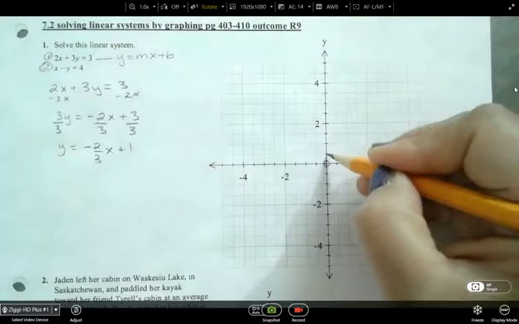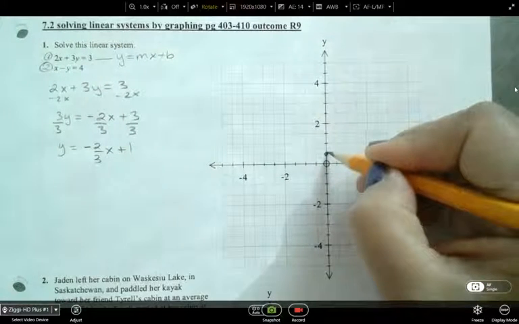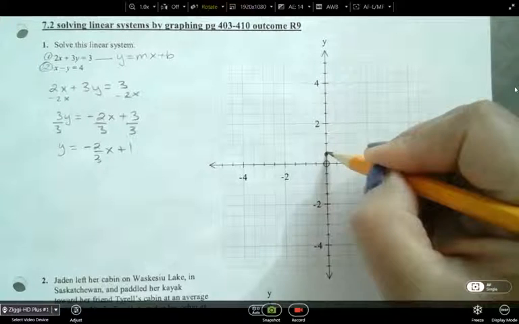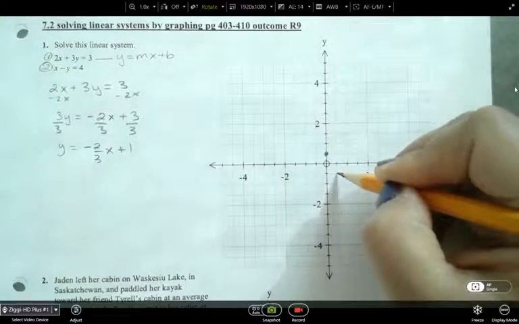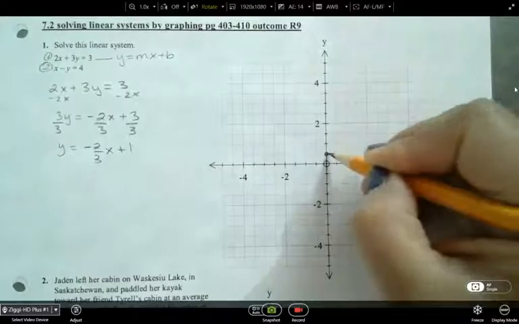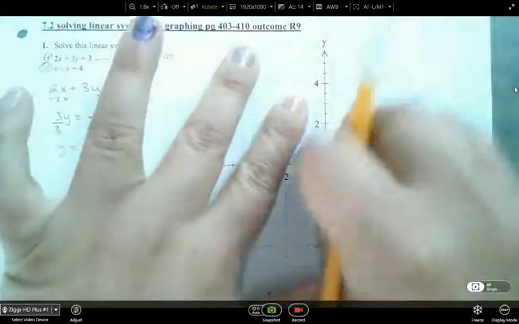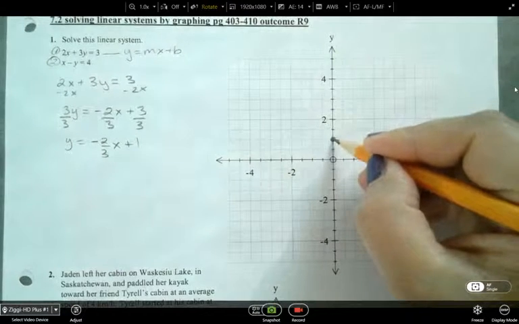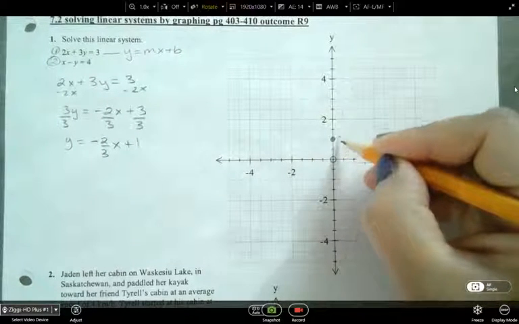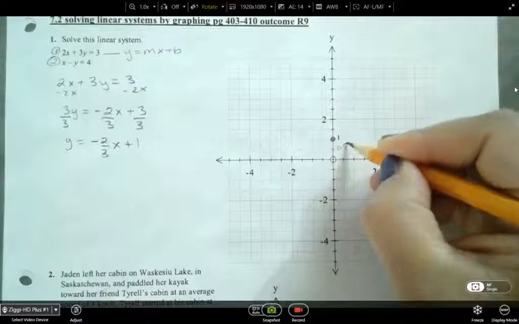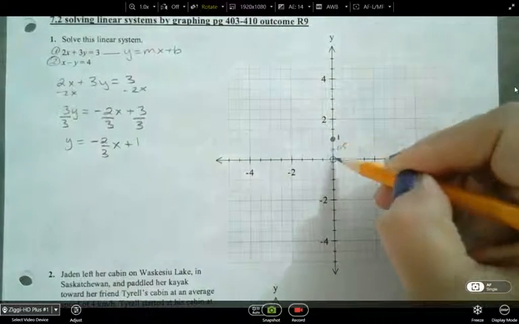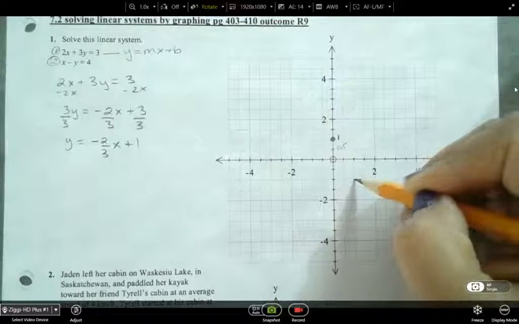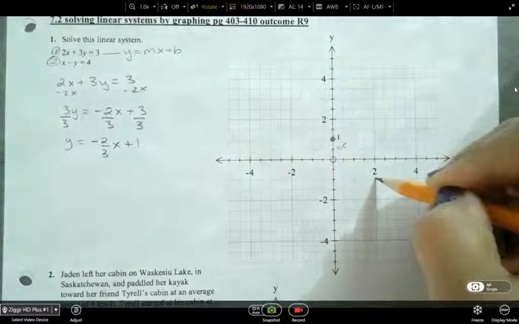First I want to plot my y-intercept of 1 right here. Oh, that's not 1. I have to watch my scale. Okay, so 1 is going to be right here, because that's a half. Then I go down 2, and then over 3.